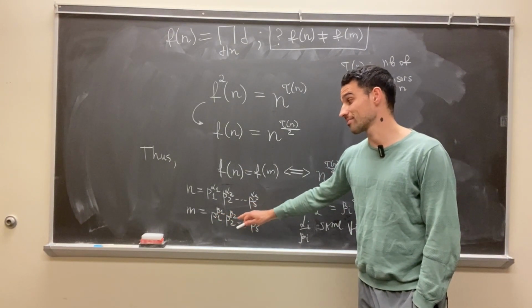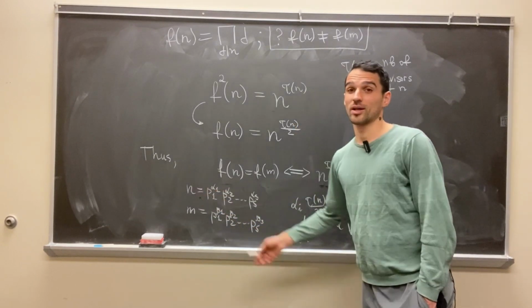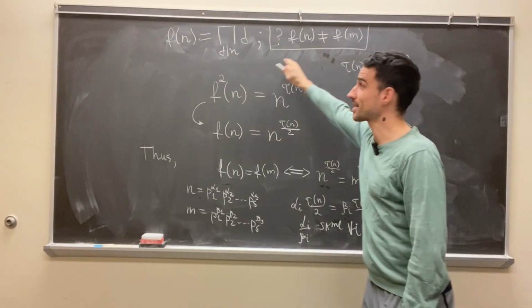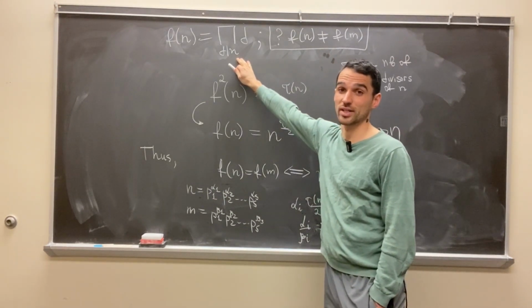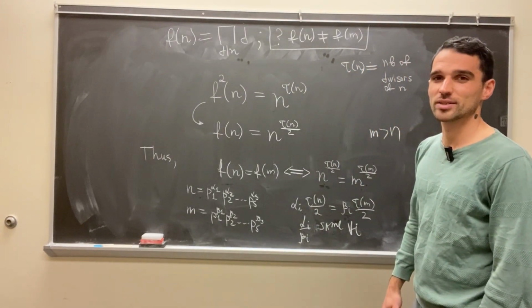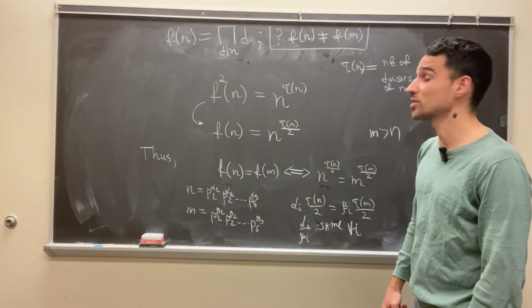So there are some divisors of m which won't be divisors of n. But then it's not possible for the two numbers to have the same product of divisors, right? That's simply impossible. So that's a beautiful argument here that completes the proof of this pretty interesting fact.